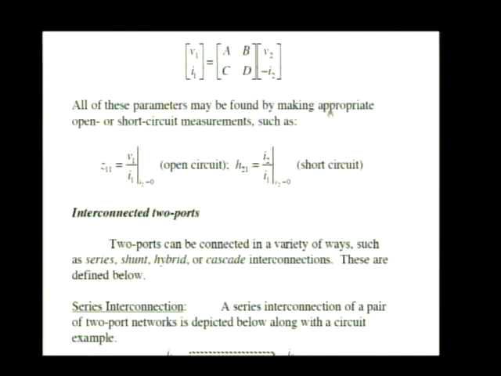They are all for these four low-frequency parameter sets. They're all definitions and measurements that are in terms of open circuit or short circuit conditions on one of the two ports of the two-port network.